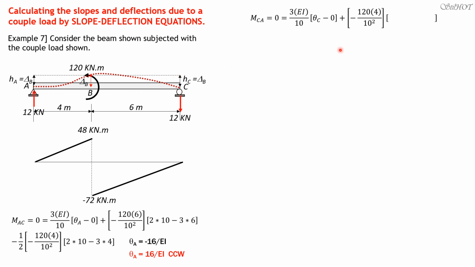we consider two supports, then plus the fixed-end moment at C, which is negative 120 because it is counterclockwise.